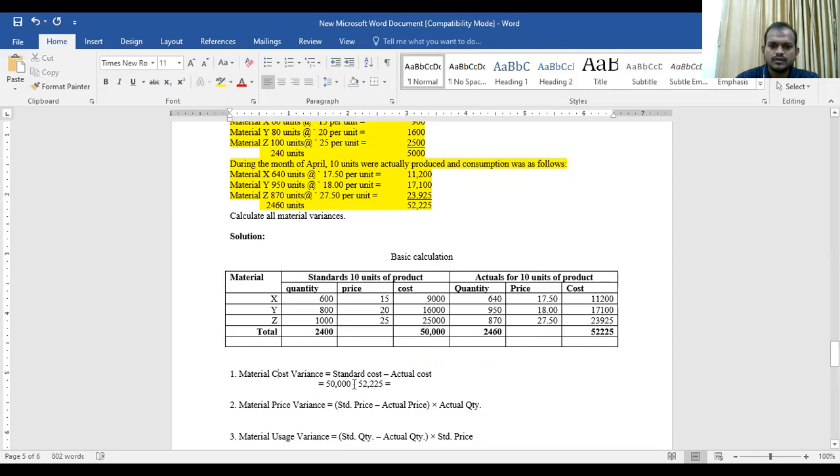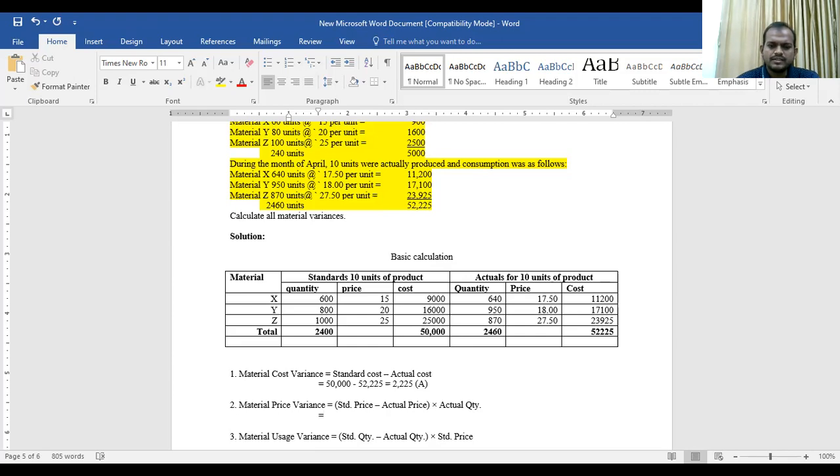So actually incurred is 52,000. It means we incurred excess. So we should not mention minus values here. We'll just mention the difference as A, means adverse variance. So these are all formula based. Only the thing is we have to understand the concept.